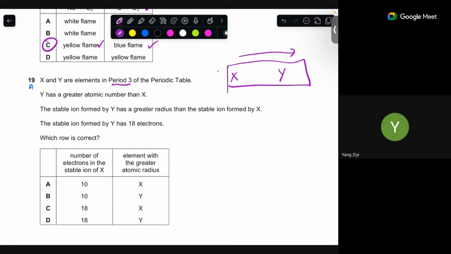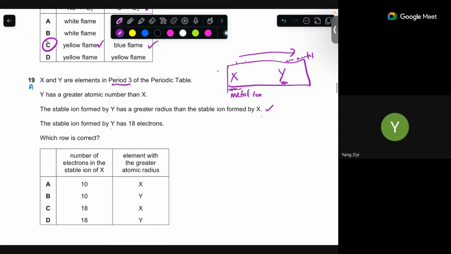Now, the stable ion formed by Y has a greater radius than the stable ion formed by X. It means the stable ion of X must be a metal ion, because if they have valence electrons 1, 2, or 3, when these electrons go out, the size will become smaller. But for Y, if it is a non-metal, they are going to receive electrons, so the size remains almost the same. So that will be the explanation for this.